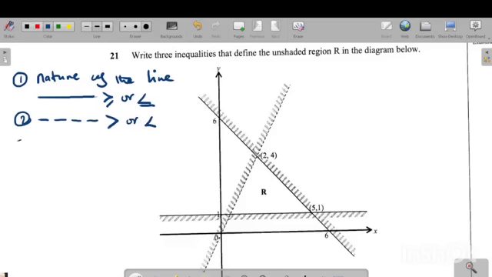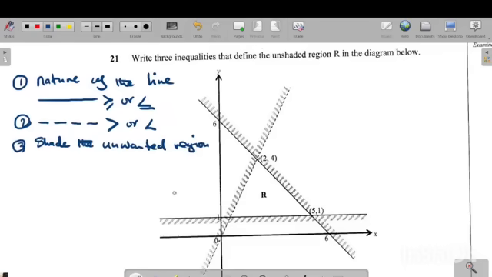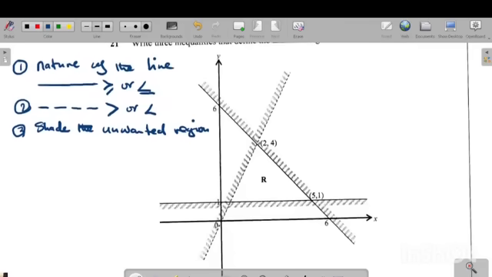And then number 3, you have to know that in inequalities, you shade the unwanted region. All right, so let's go ahead and write these 3 inequalities that are defining this unshaded region R.